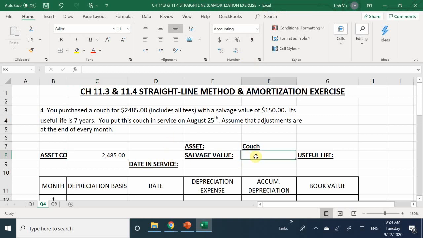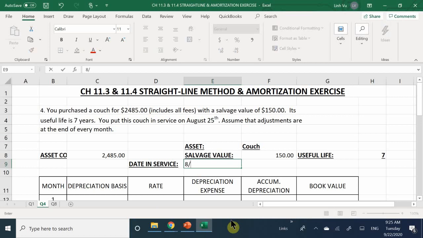How much is my salvage value? 150. Good. And what is my useful life? 7 years. And then lastly, when did I place it into service? August 25th.